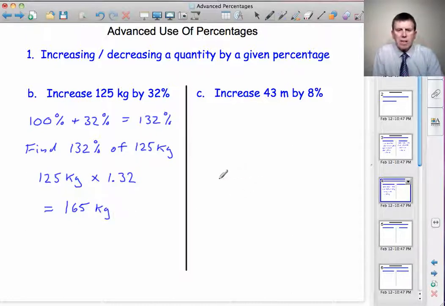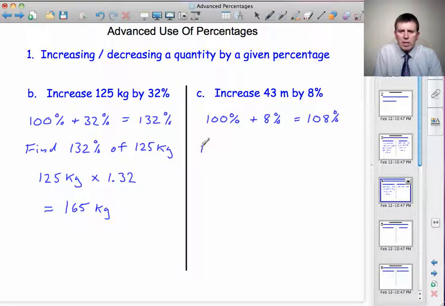Our third and final example of increasing by a percentage, increase 43 meters by 8%. Well, we'll have 100% to start with, the 43 meters, and we're going to add on 8%. And that gives us 108%. So all we need to do is find 108% of 43 meters.